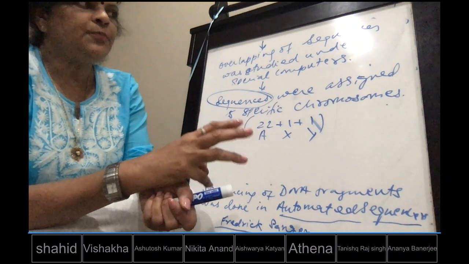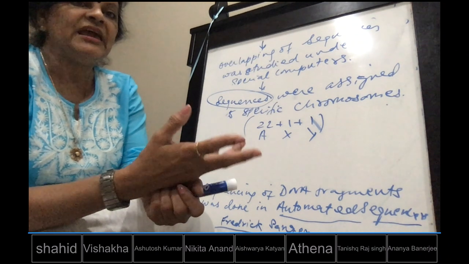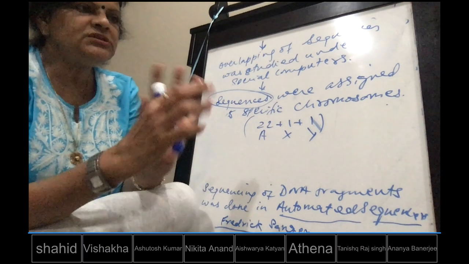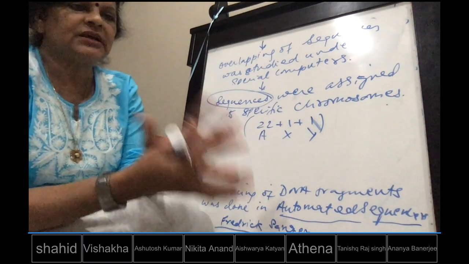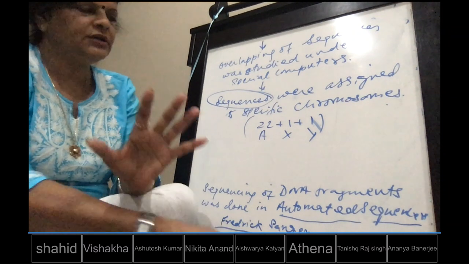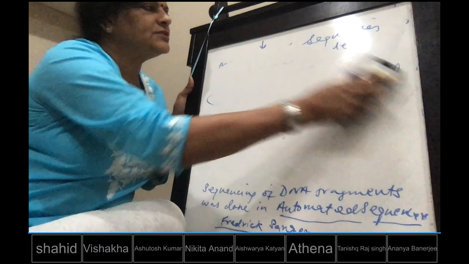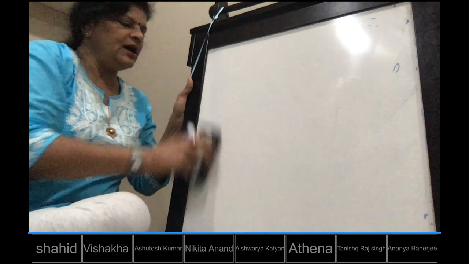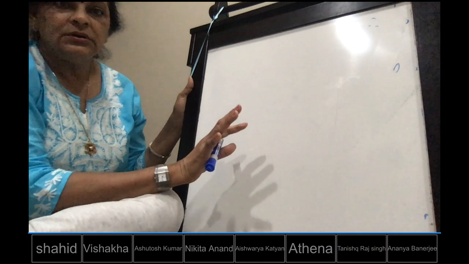Now, the next point is we're going to understand what are the salient features of HGP. What were the total discoveries made in the Human Genome Project? If goals are asked, then give the five goals.